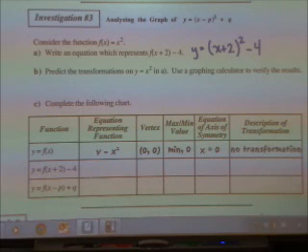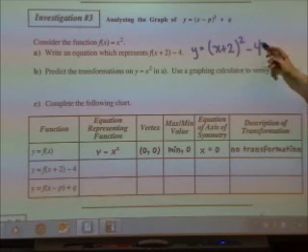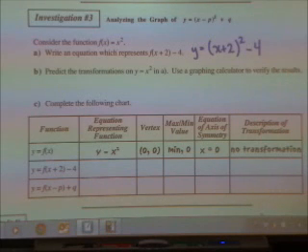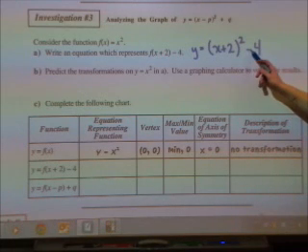So if we take what we did before, what does this negative 4 do to the graph? What did the q value do to the graph? Does it go up or down or left and right? It goes up or down. So now it's a matter of remembering, does this go down or does it go up?